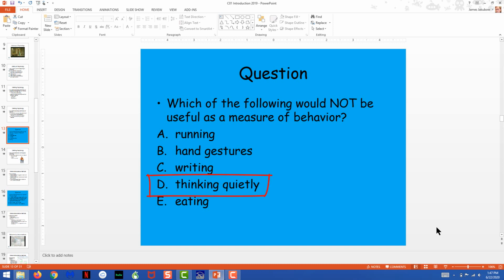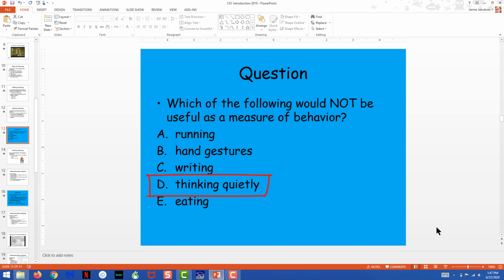The same thing with hand gestures, which are overt behavior. The writing you leave behind in texts or in cursive or in any other source of communicative process like that, you leave behind a record, and therefore it's an objective measure and publicly observable. As well as eating, which of course can be videotaped.